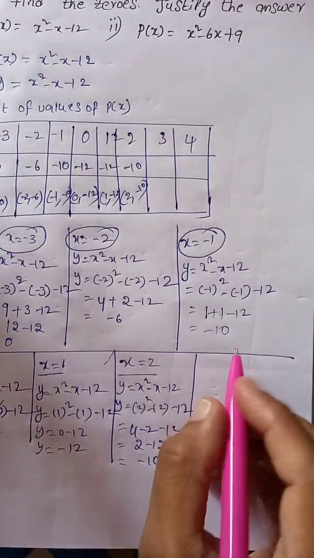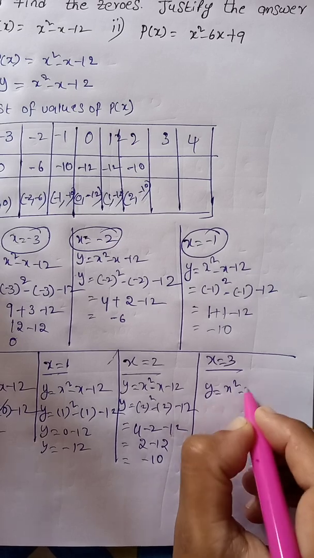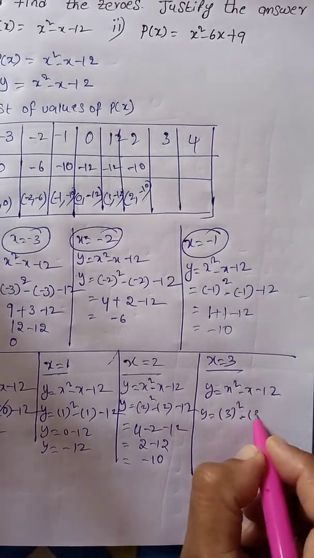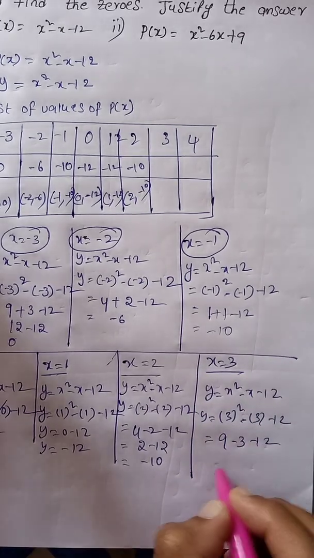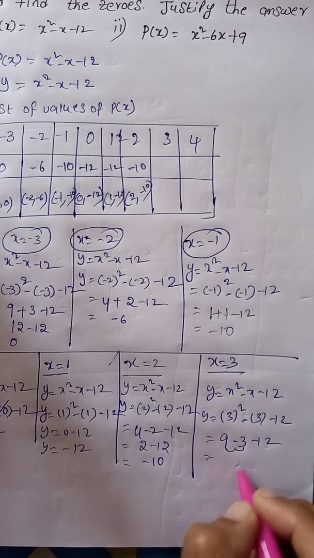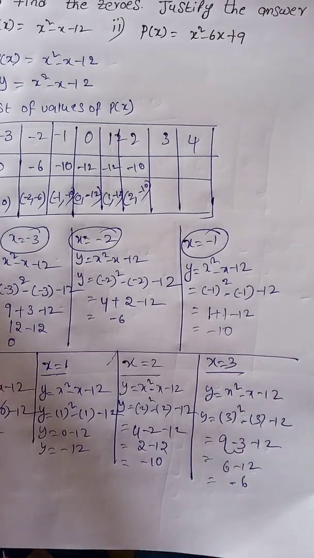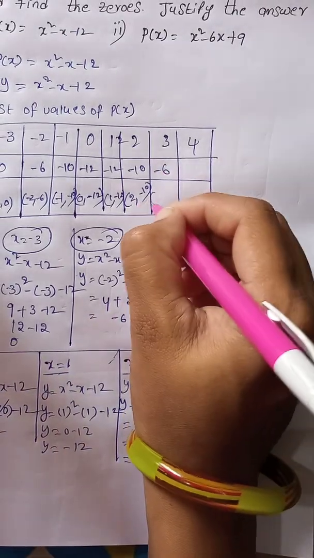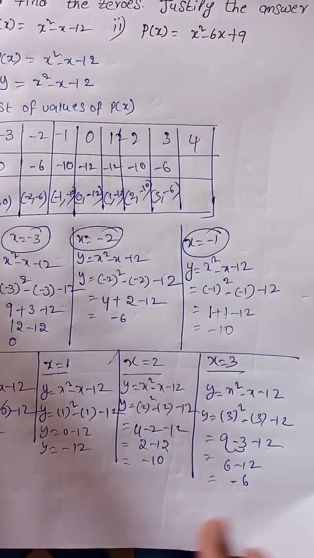Next x value is 3. y equals 3 whole square minus of 3 minus 12. 3 whole square is 9, minus 3, minus 12. 9 minus 3 is 6, 6 minus 12 is minus 6. So 3 comma minus 6.